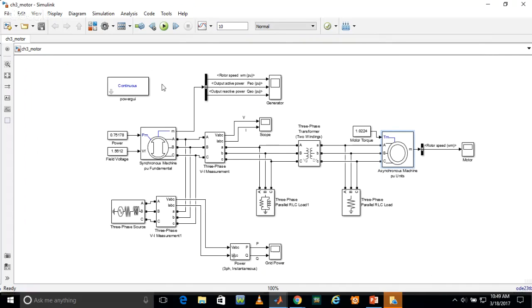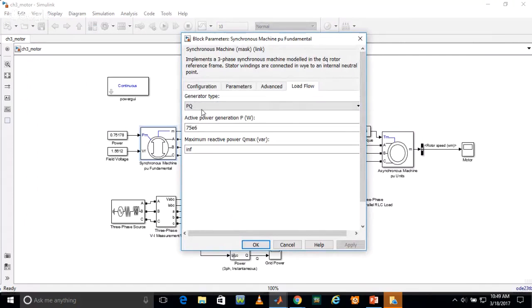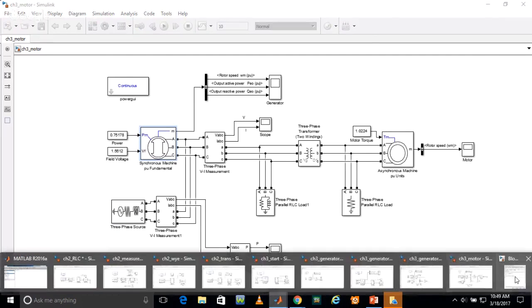If you go for continuous PowerGUI, first of all what we have to do is make this system a PQ bus in the load flow. The synchronous machine PU system, because this three-phase source will always act as the swing bus. Then we make this synchronous machine PU fundamental.